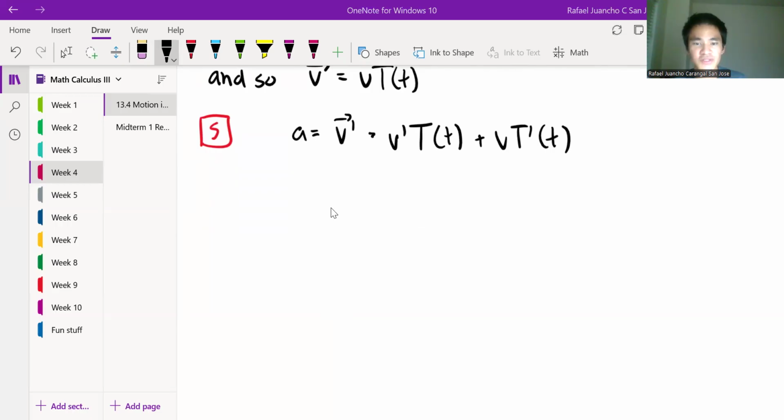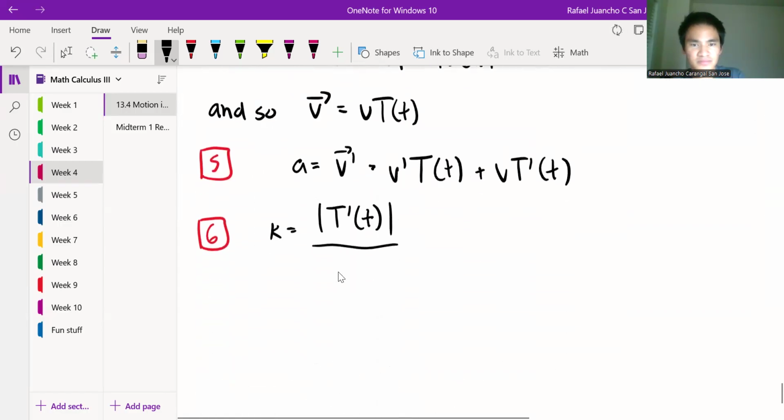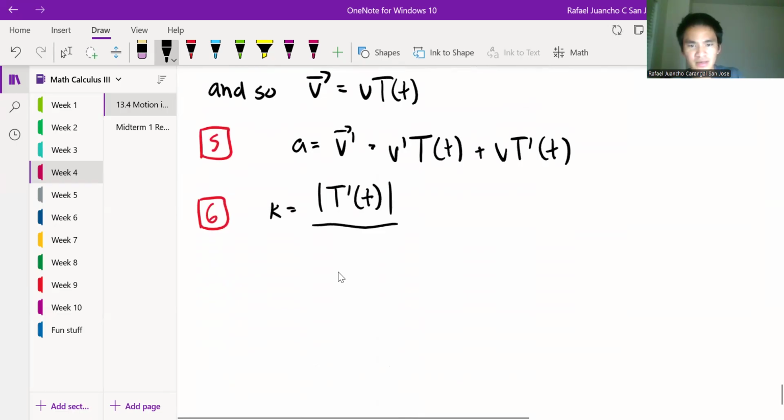And if we use the expression for the curvature, then we have another thing to consider here. So our curvature was the derivative of our unit tangent vector over the magnitude of r prime of t.